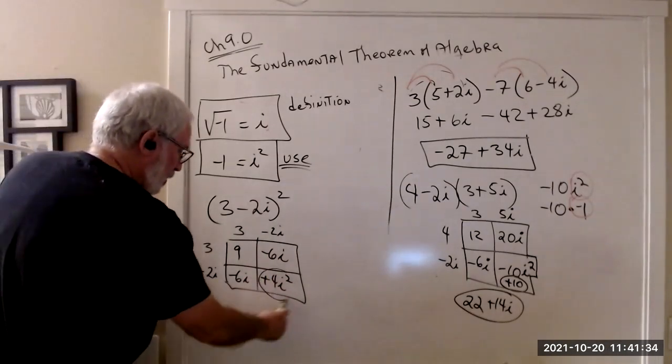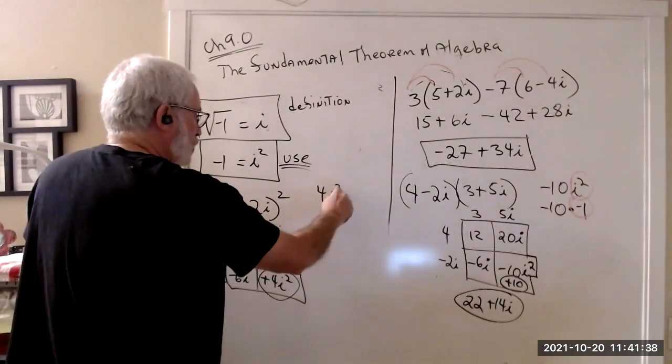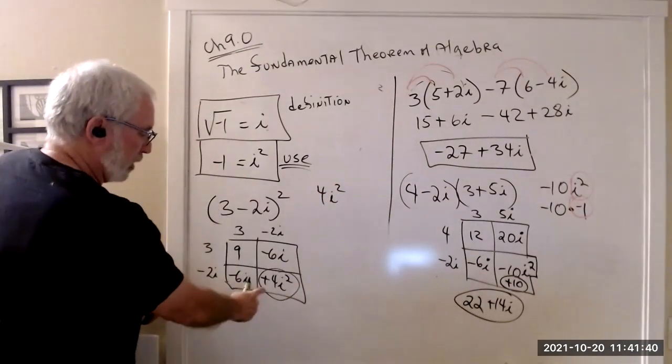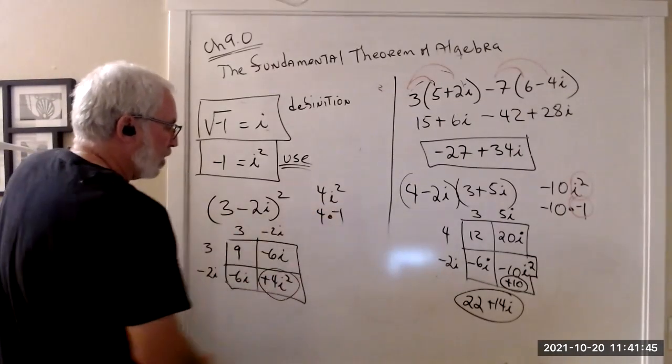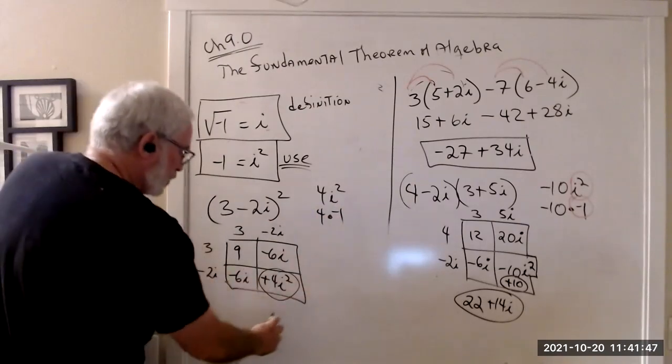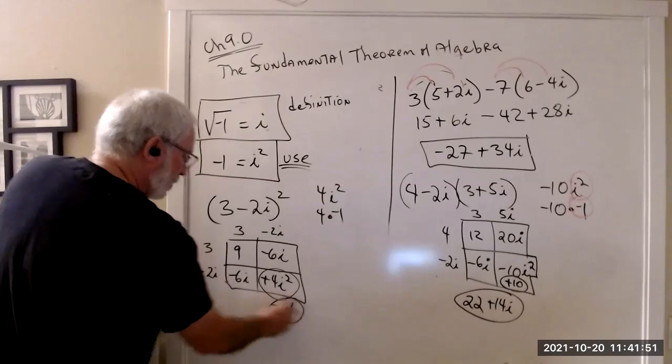So the real key is what happens here with 4i squared. That's 4 times -1. So 4i squared is actually -4.